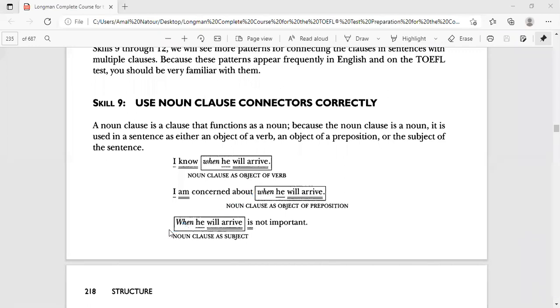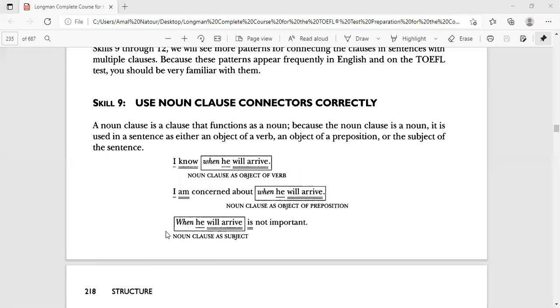If we look at the third example, this example is more difficult somehow. In this example, there are 2 clauses, but they are a little harder to recognize.